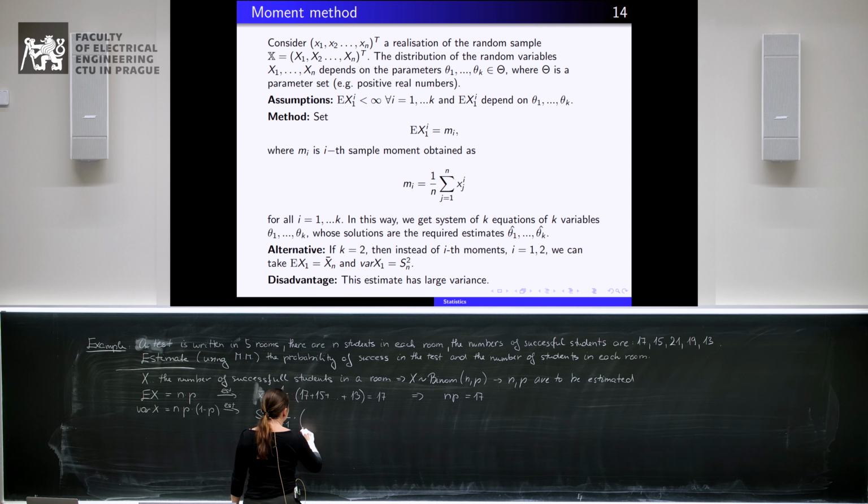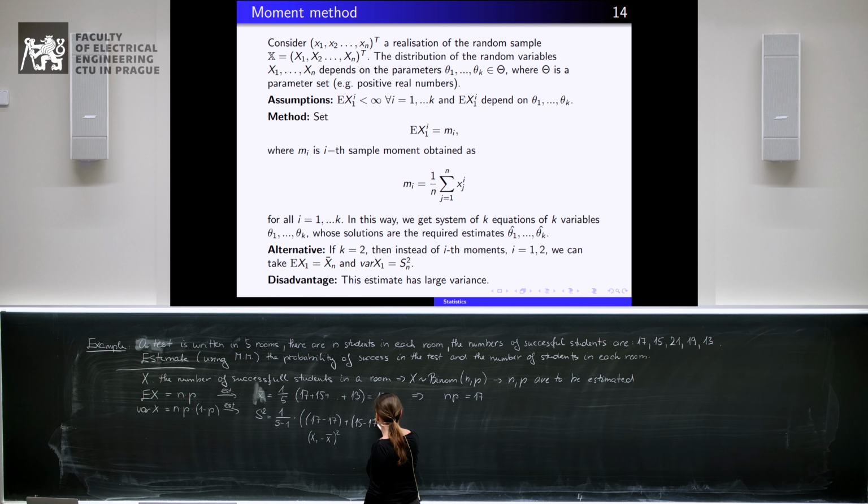So 1/(5 minus 1) times (17 minus 17) squared, it is (x1 minus x bar) squared, plus (15 minus 17) squared, which is (x2 minus x bar) squared, plus, and so on, plus (13 minus 17) squared.